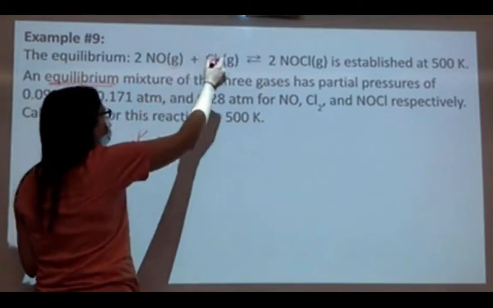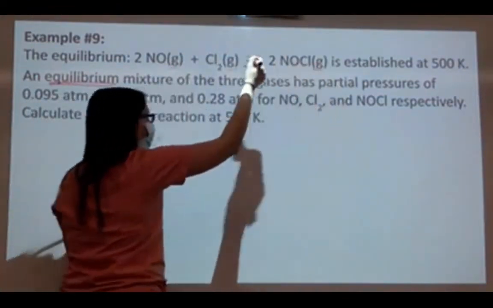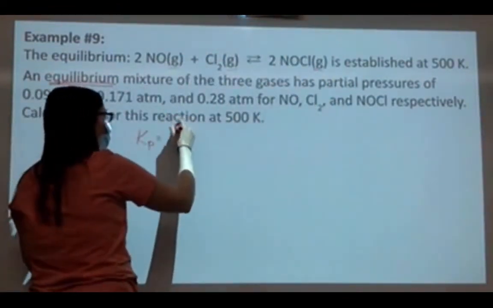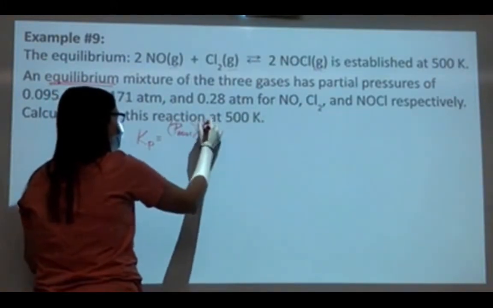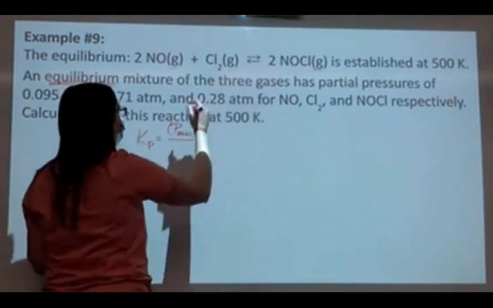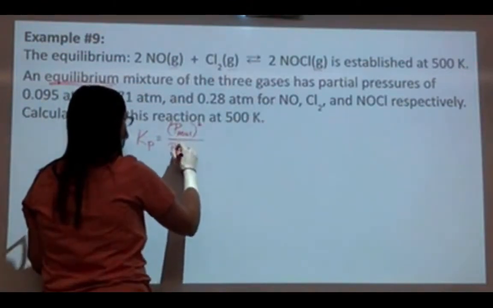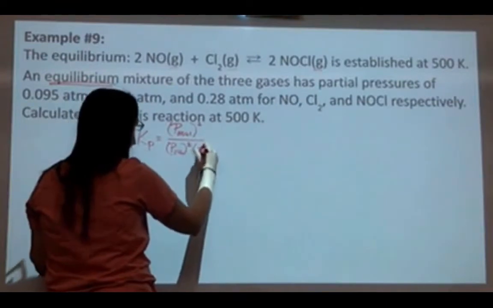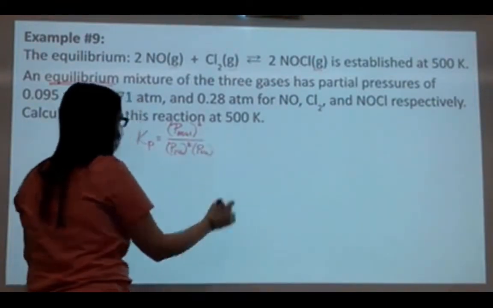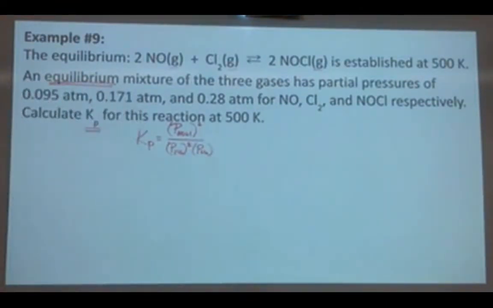These are all gases, so they can go right into the Kp expression. Pressure of NOCl squared, there's a 2, over the pressure of NO squared times the pressure of Cl2.